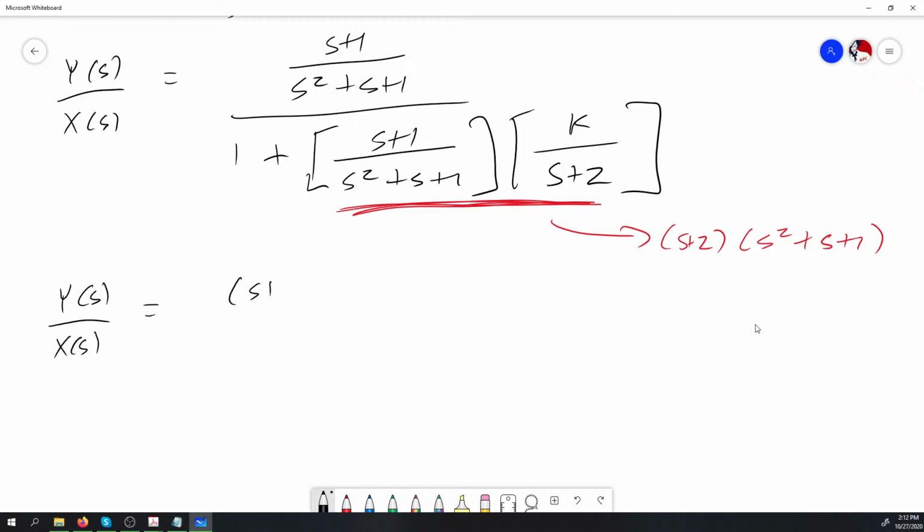So this is s plus 1, s plus 2, all divided by, we have this one factor here, so that's 1 multiplied by the combined factor, s plus 2 into s squared plus s plus 1, plus, and then when we multiply this combined factor by these two, the denominator here and this factor here will just cancel, so you just get k multiplied by s plus 1, k into s plus 1.